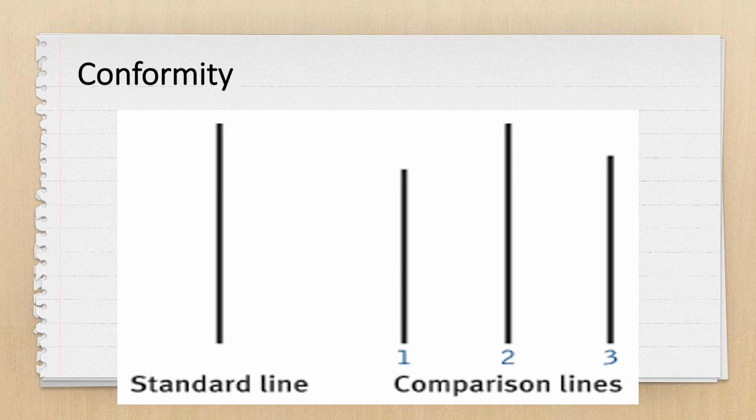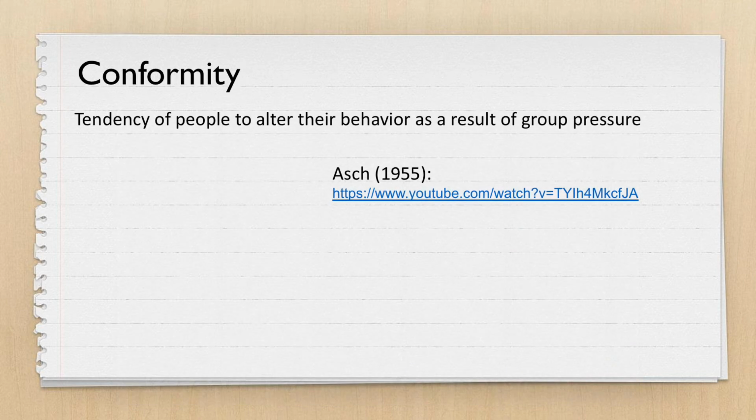Look at this standard line on the left. Which of the comparison lines on the right matches the standard line in length? It's obvious, right? It's the third. Not a difficult task. This line example is straight out of one of the most classic social psychology experiments of all time. In 1955, Asch conducted this study of conformity, during which he told people that they were going to be in a study of perceptual judgment.